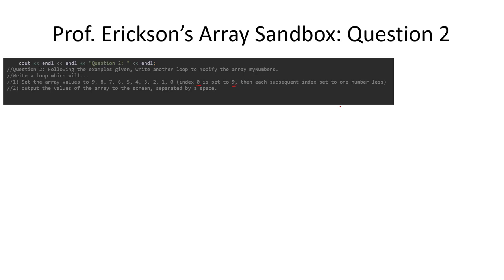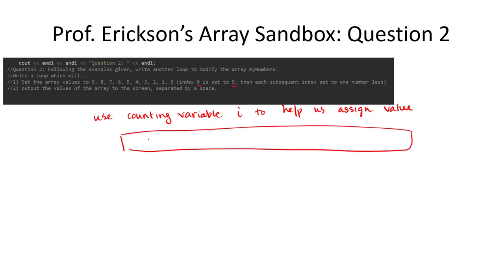So to approach this problem, it's convenient to, once again, use the counting variable I to help us assign values. Because we know that, for example, if I have my myNumbers array, we want element 0 to hold the value 9.